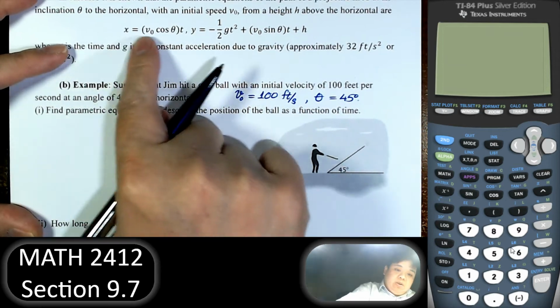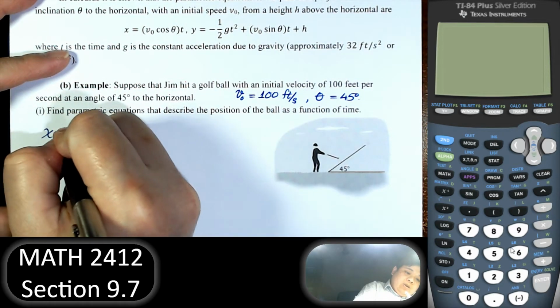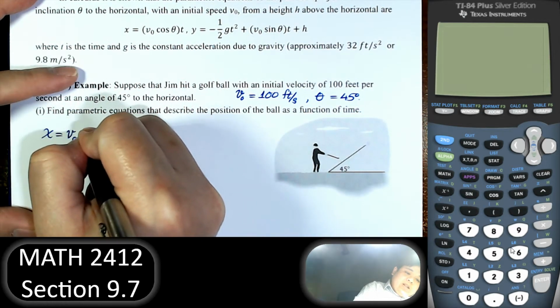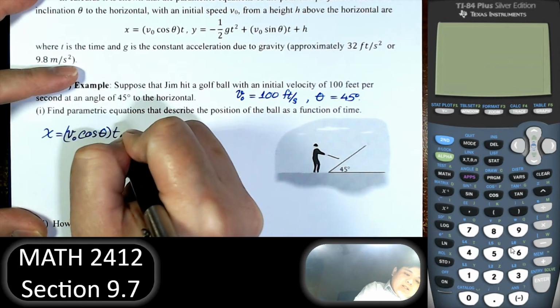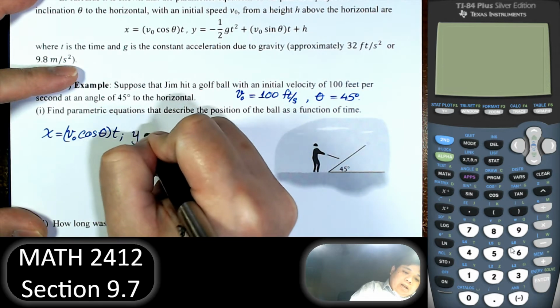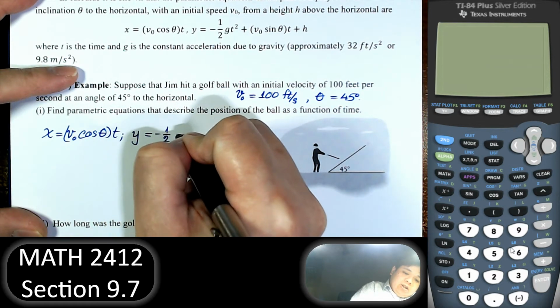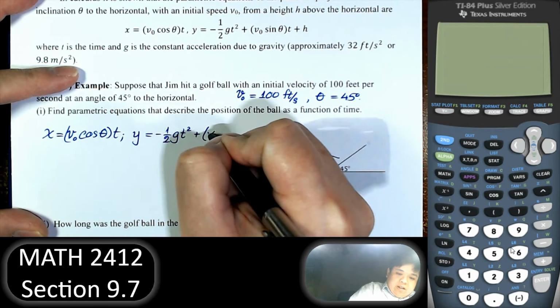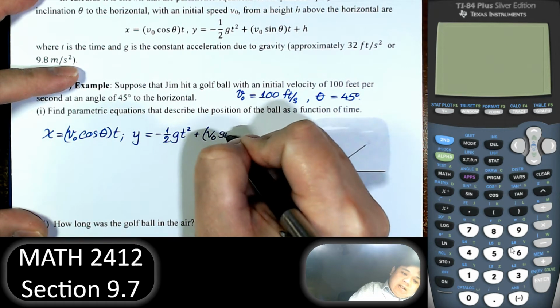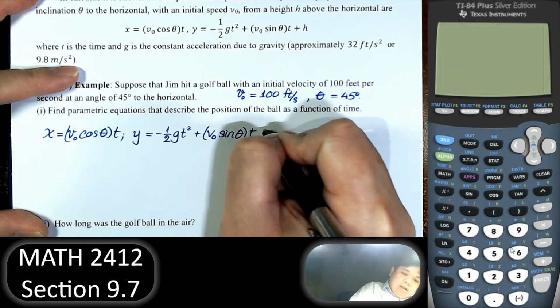So that's easy. We have x and y like that. x equals v0 cosine theta times t, and y is negative 1/2 g t squared plus v0 sine theta t plus h.